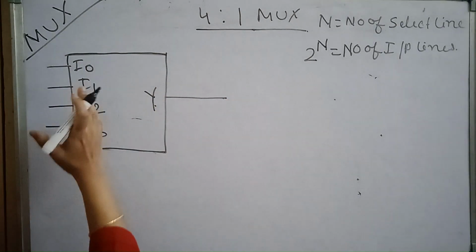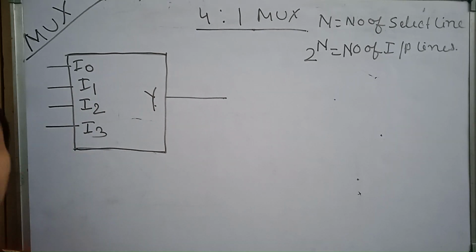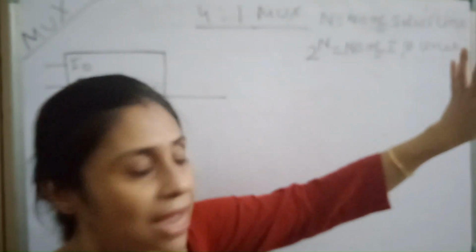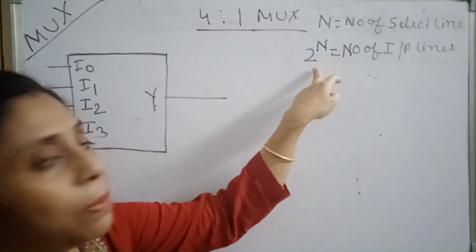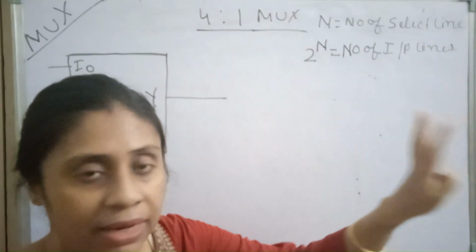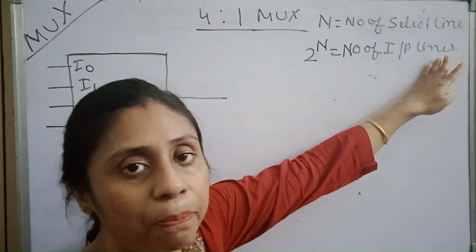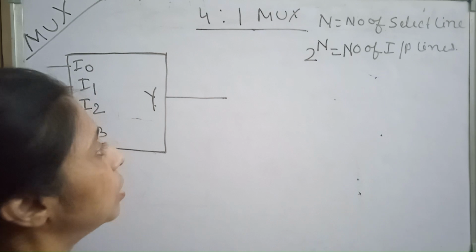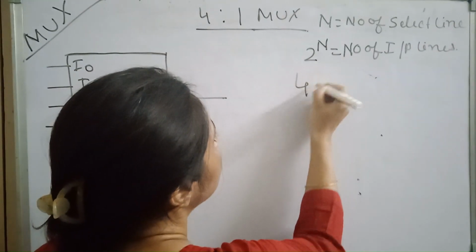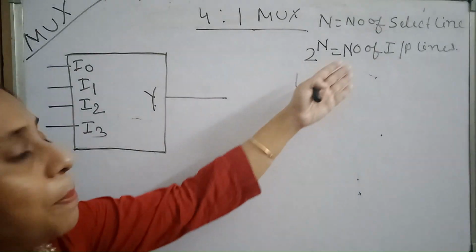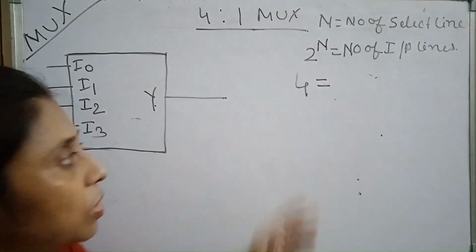Okay. Now in case of a 4:1 multiplexer, what should be the number of select lines? This is the relationship we have already learned. If capital N is the number of select lines, then the number of input lines will be 2 to the power of N. In a 4:1 multiplexer, the number of input lines is 4. So 4 is equal to 2 to the power of capital N. What should be the capital N?